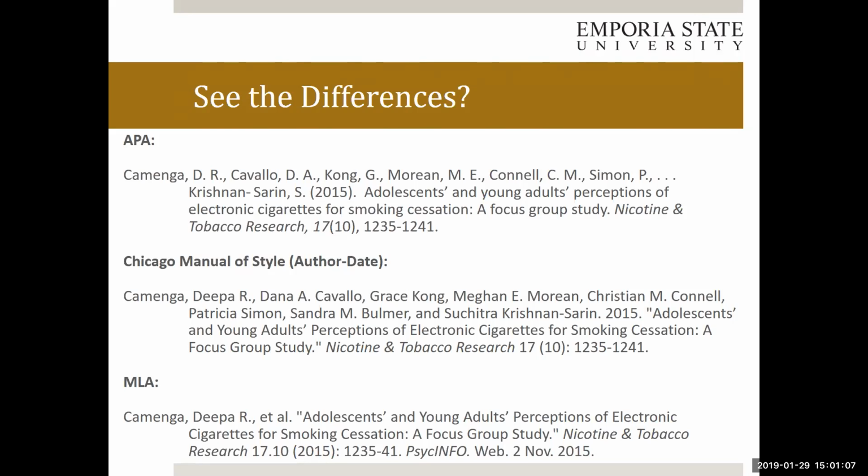Now, one reason that APA will actually use just the initials of the author's first names is that, in particular, they want to avoid any unintentional biases in gender or any other perceptions of that nature. APA very much focuses upon bias-free language.